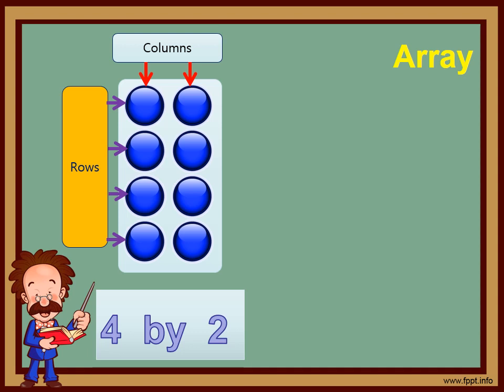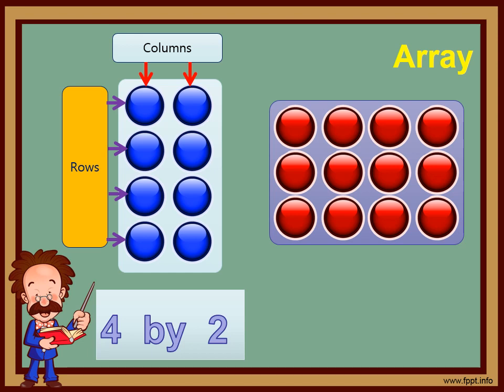So how about this one? This is also an array, right? Because it's arranged. I like to be neat and tidy. I like to arrange my stuff in rows and columns. So how many rows do we have here? One, two, three. So I have 3 rows. How many columns do I have?